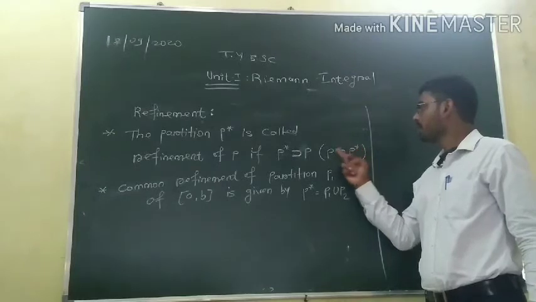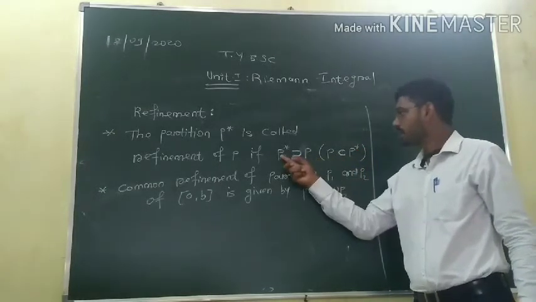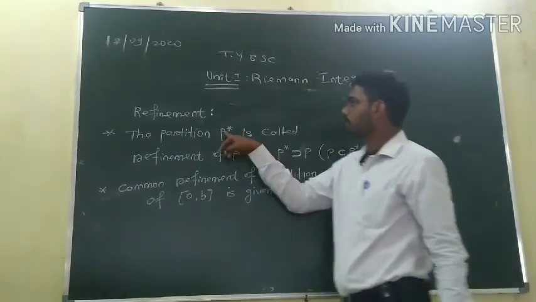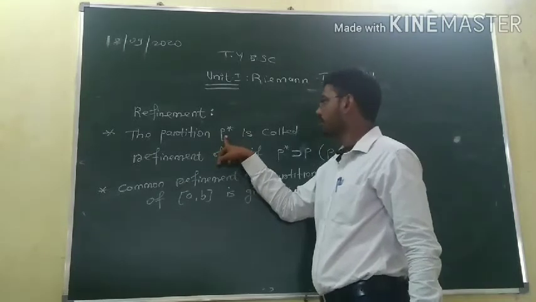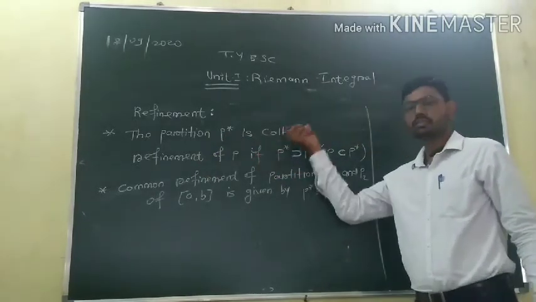Then P star becomes a refinement of P. These are two similar things: P star contains P, or P is contained in P star. So we say P star is called a refinement of P if it contains the original partition.